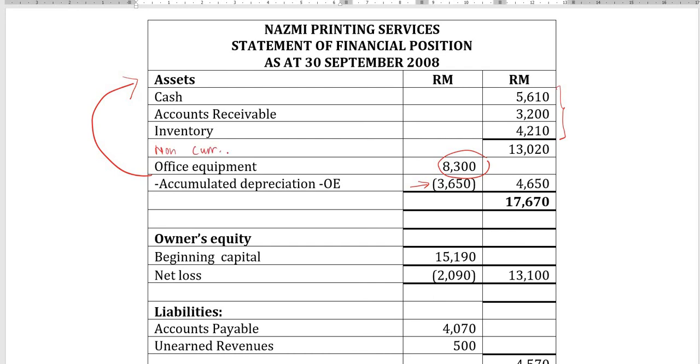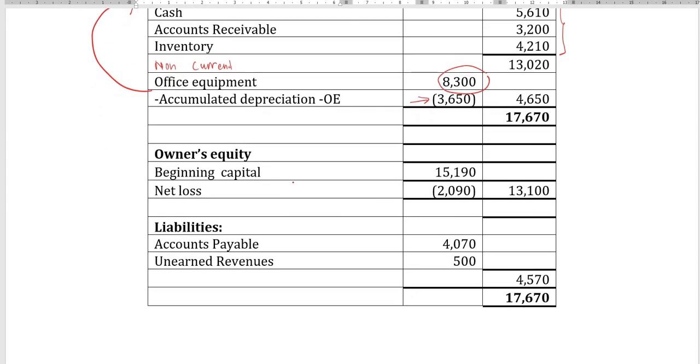Whereas below that is your current liabilities. Okay, and then you get your owner's equity. Okay, so we got the net loss earlier, 2,090. So this is your total owner's equity, and then your liabilities, so that brings the total to 17,670. That is for number 13.